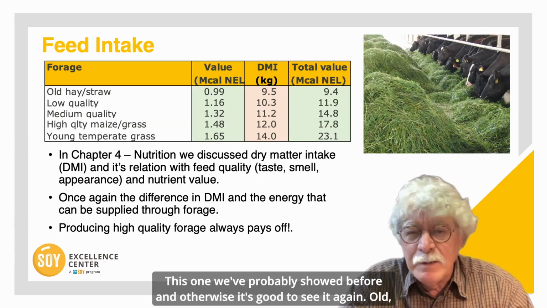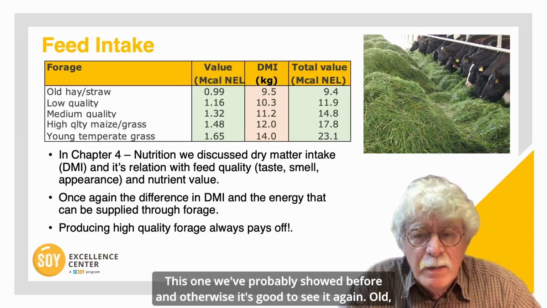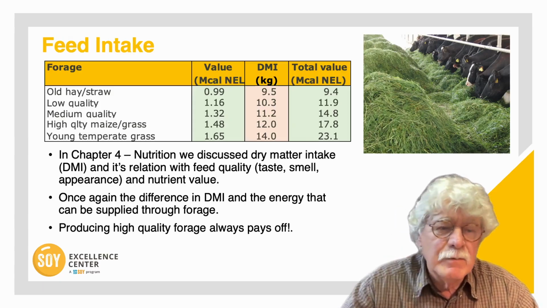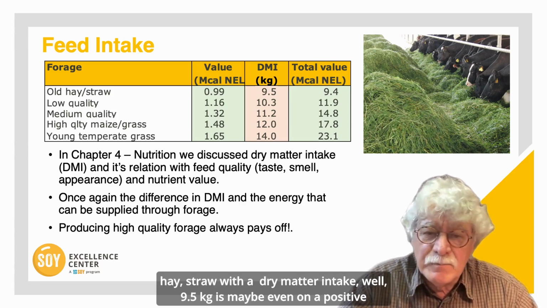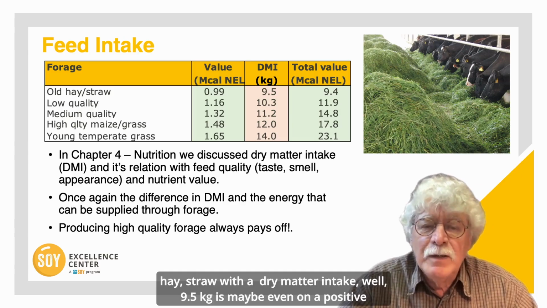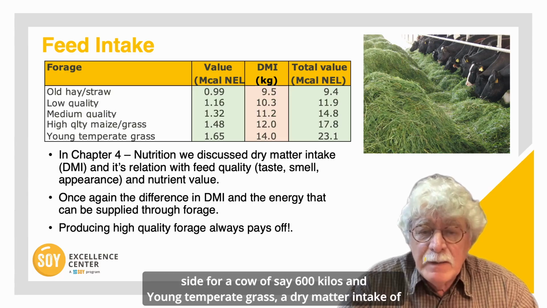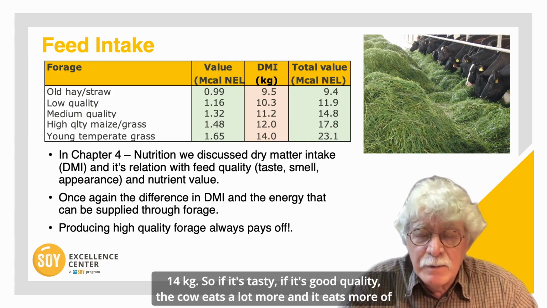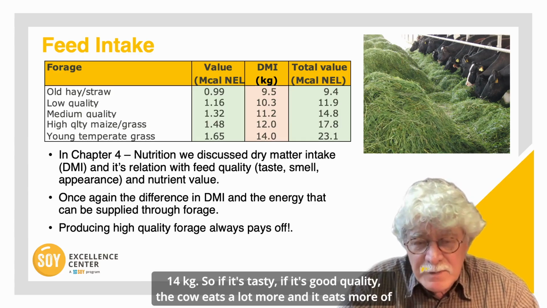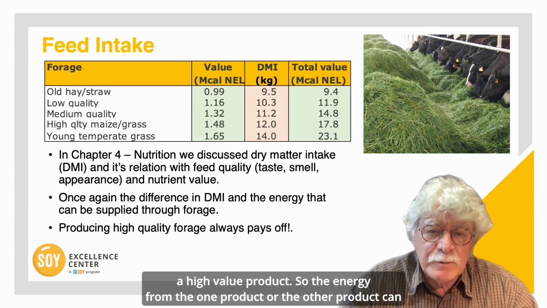This one we've probably showed before, and otherwise it's good to see it again. Old hay, strong. Dry matter intake, well, 9.5 is maybe even on a positive side for a cow of, say, 600 kilos. And young temperate grass, a dry matter intake of 14. So if it's tasty, if it's good quality, the cow eats a lot more, and it eats more of a high value product.